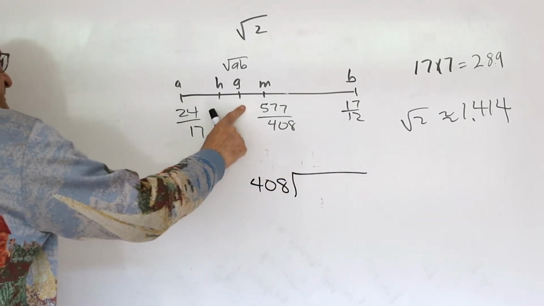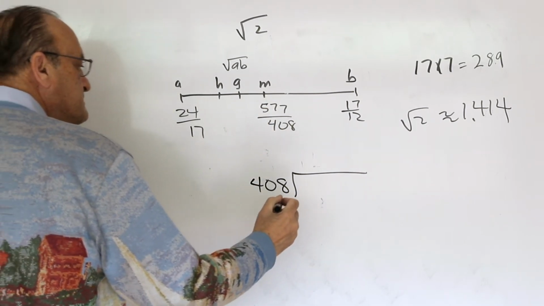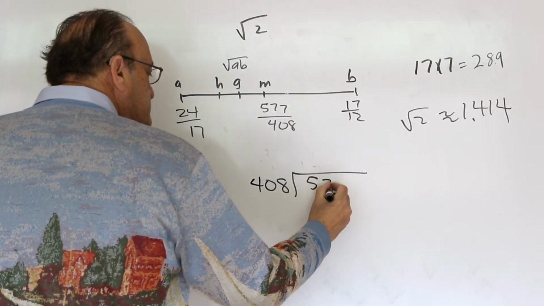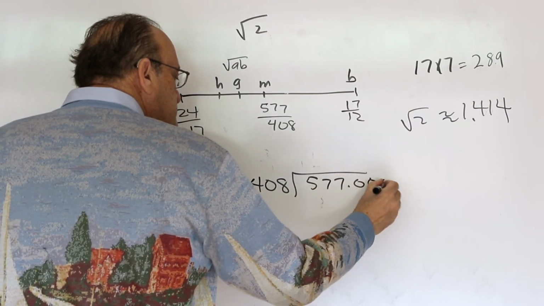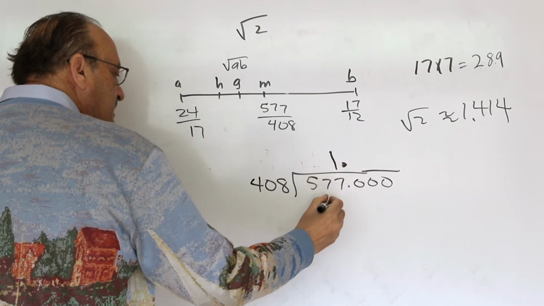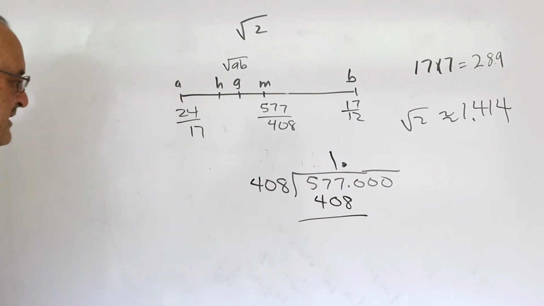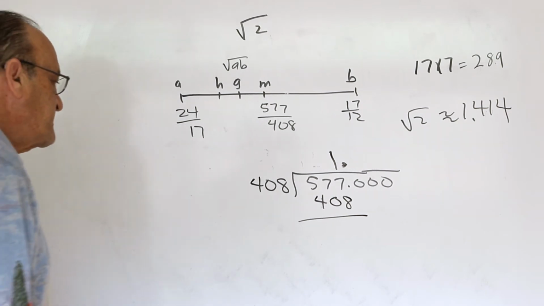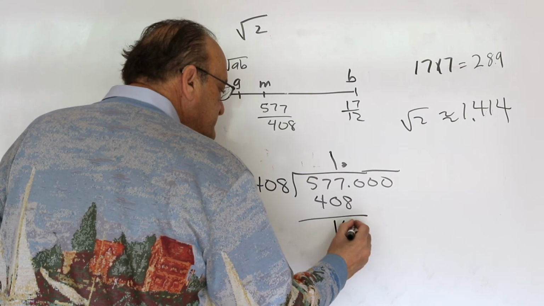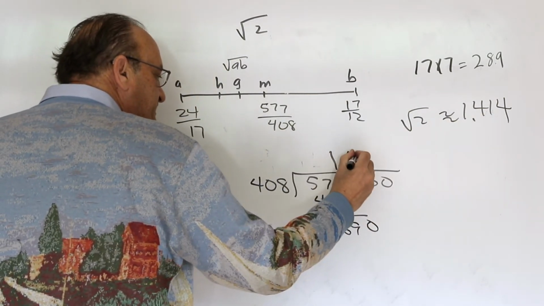Again, this is where the square root of 2 is, but this is close. So for sure that's 1. And 408. So when I subtract, I'm going to get 8 from 77 is 69, 169. Bring down a 0. I'm expecting to get the answer 4, so I'll just put that there.